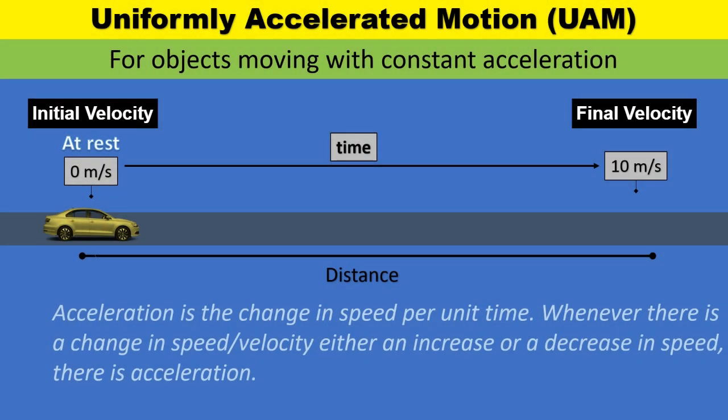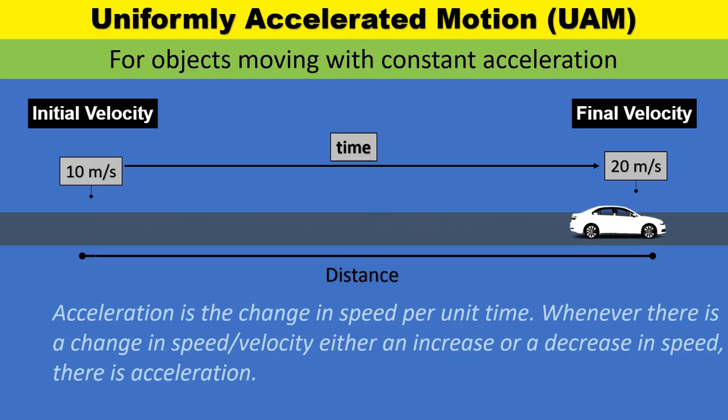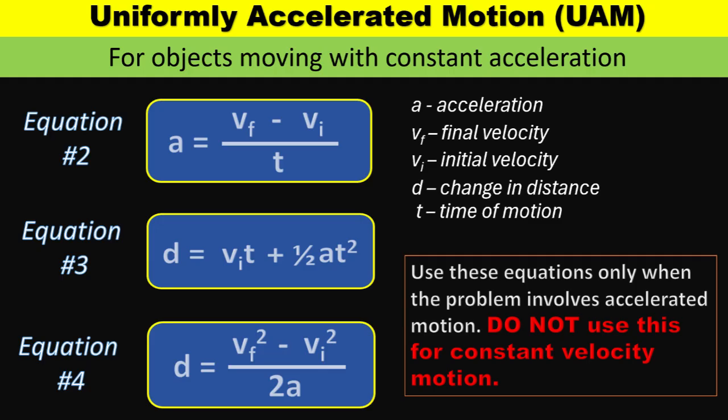This is how we view an accelerated motion. Acceleration is the rate of change of speed. Acceleration happens every time an object changes speed, either by speeding up or slowing down. These are the equations to refer to if the problem situation describes an accelerated motion.